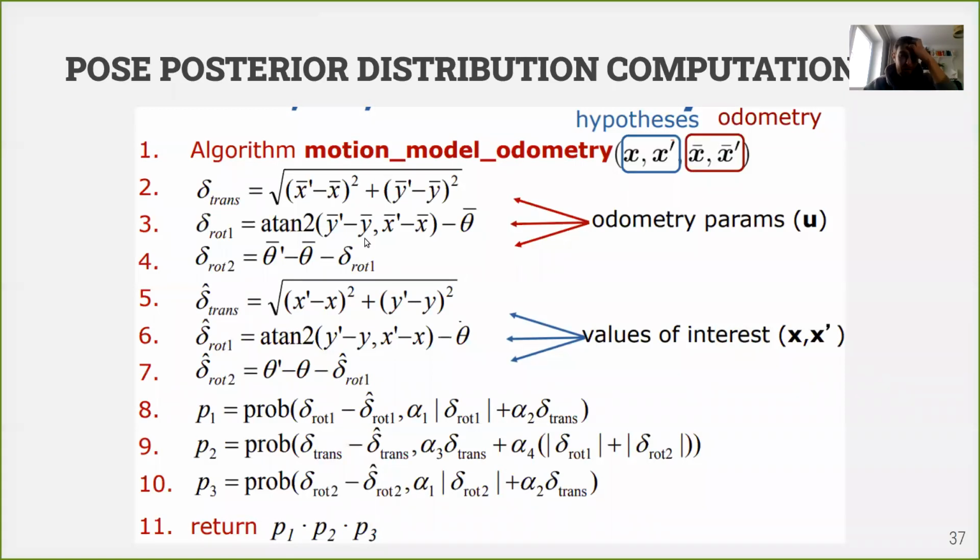For that, we are using the equations we saw previously for our motion model, which has two rotations and one linear motion. And we estimate parameters of our motion using first our hypothesis and then our odometry. So you can see that the equations are the same, but we are just plugging in either the prediction made with odometry or our hypothesis.